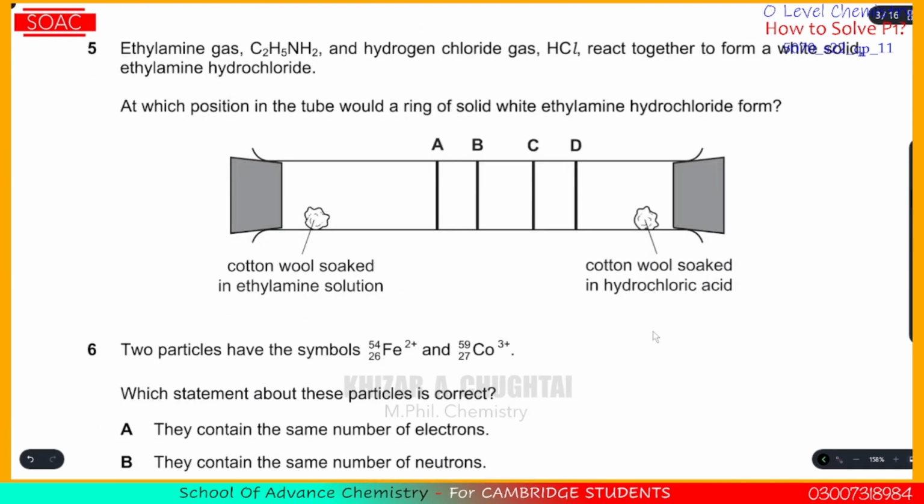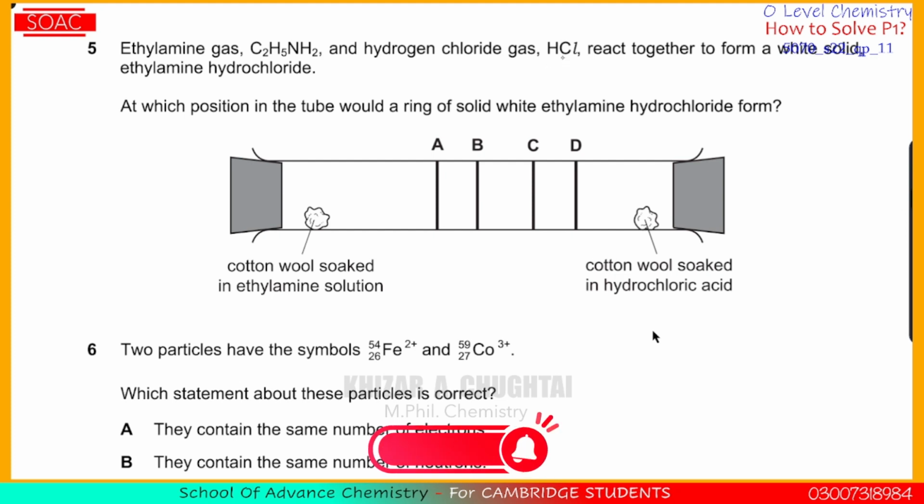Question number 5, ethylamine C2H5NH2 and hydrogen chloride HCl react together to form a white solid, ethylamine hydrochloride. At which position in the tube would a ring of the solid white ethylamine hydrochloride form? Basically, the examiner is asking at which position this compound is supposed to be formed. The basic thing is I am going to find the mass of these two compounds.